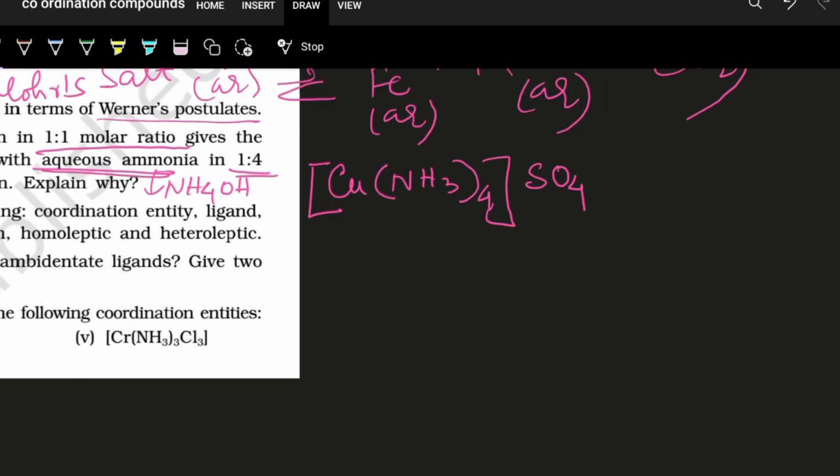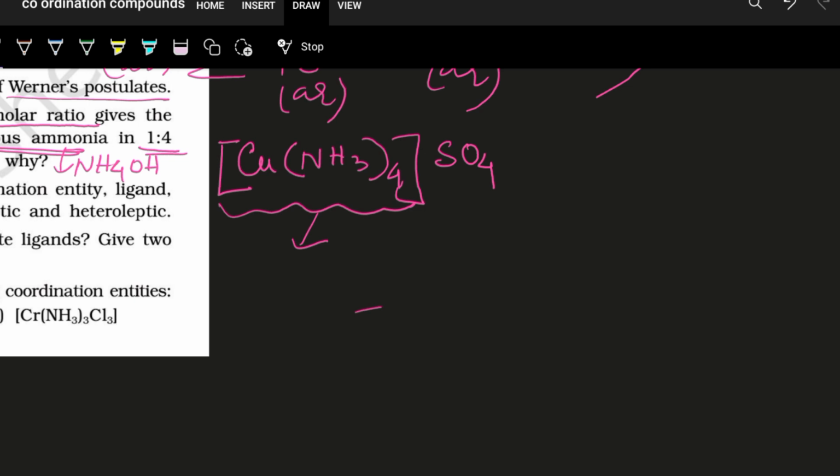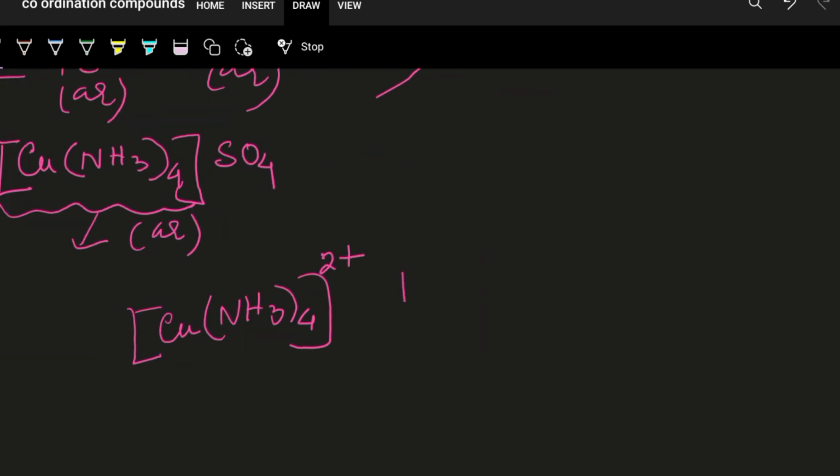Now the question is, when CuSO4 solution is mixed with aqueous ammonia in this ratio, it does not give the test of Cu2+. Why? Because this is your coordination entity, [Cu(NH3)4], which is written first, so it is the positive part, and it has 2+ in aqueous solution, and this has SO4 2- in aqueous solution, the sulfate ion, the counter ion.